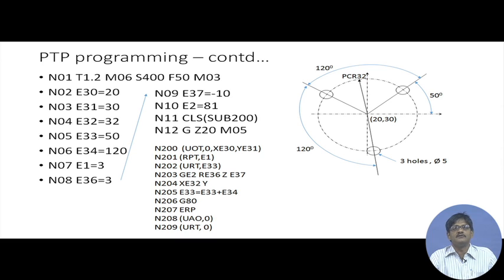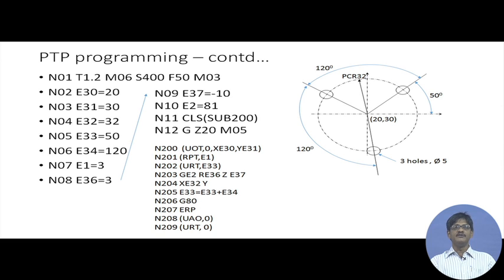E32 gets assigned this value, E33 gets assigned the starting angle, the angle which is made by the first hole with the positive x axis. And E34 is the pitch angle, that means the angle existing between two successive holes.